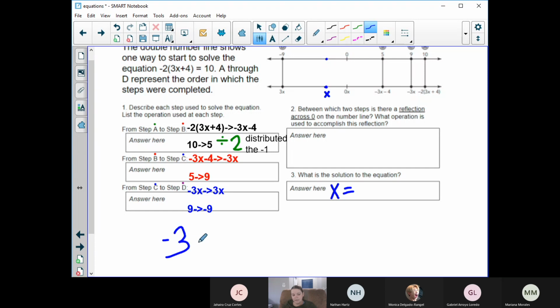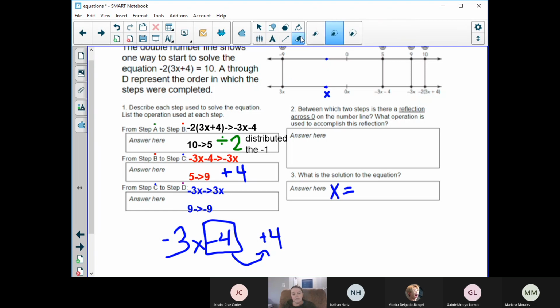Right, we added. Because we had -3x minus 4. So since this right here is minus 4, to undo it, we have to add 4. So we add 4 at this step. All right.